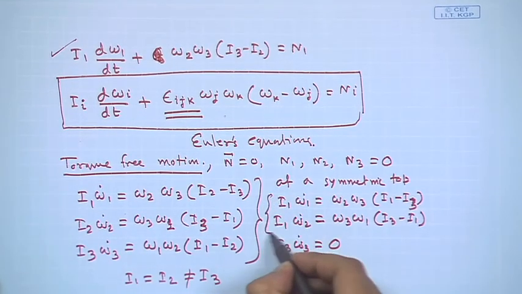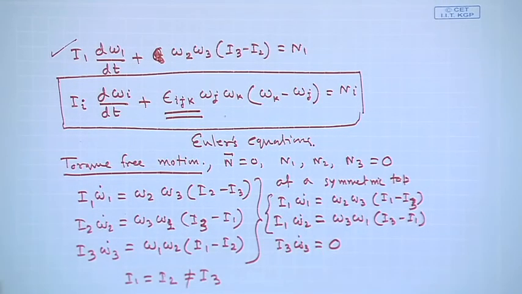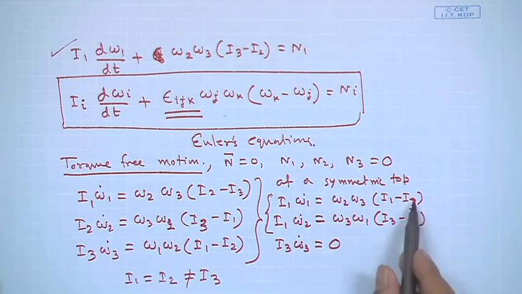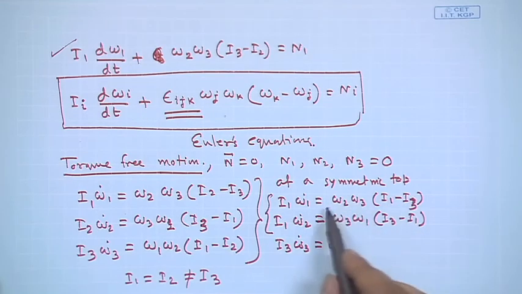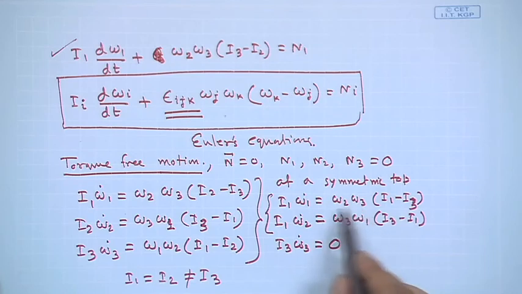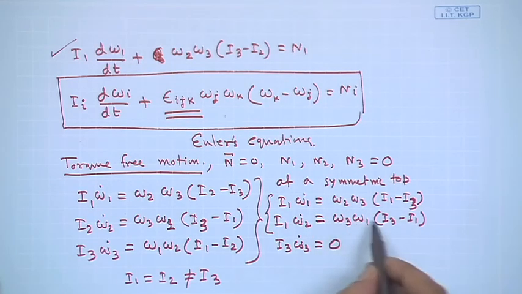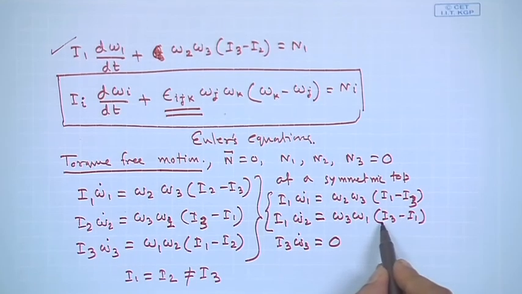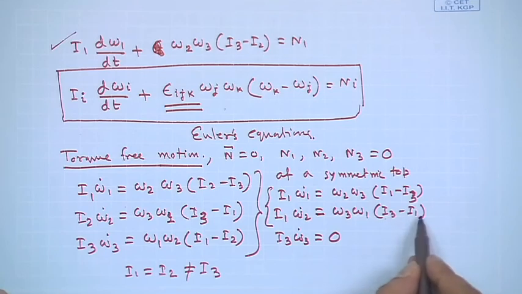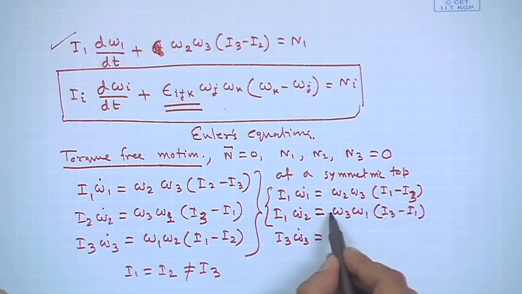Also, in the first two equations, the right hand sides are identical except that there is a negative sign. I can just write this as omega 3 omega 2 into (I1 minus I3) instead of (I3 minus I1), so it comes with a negative sign.